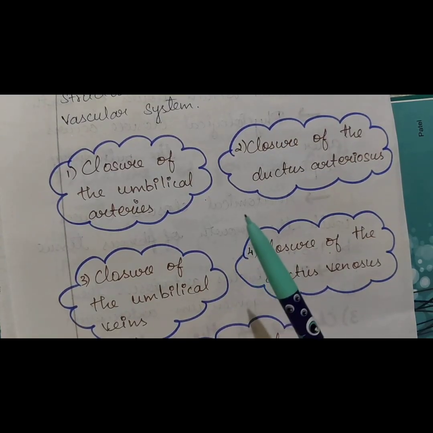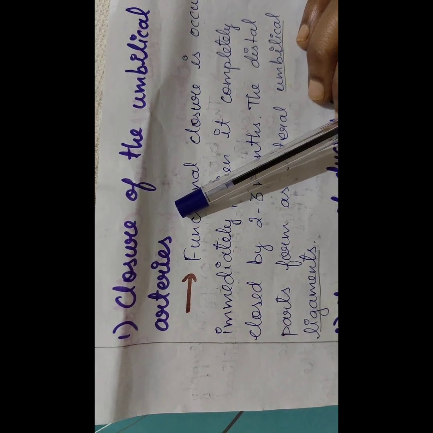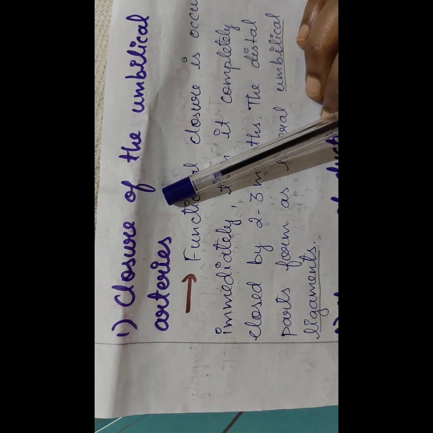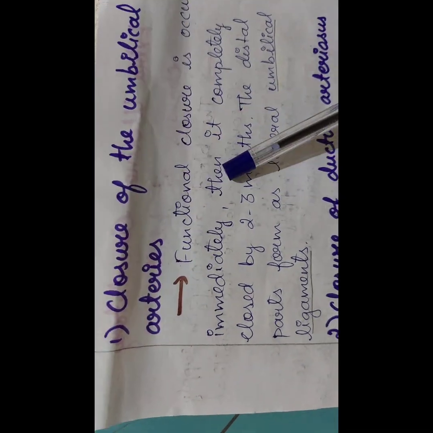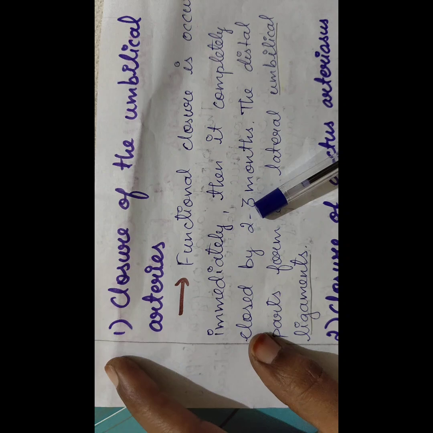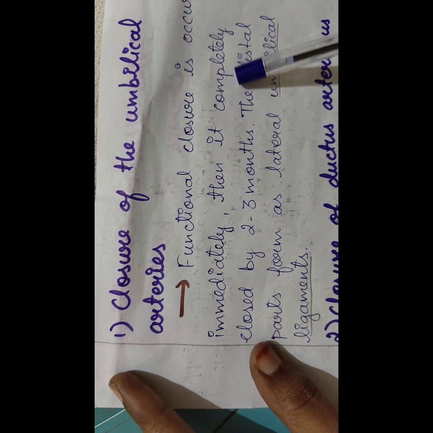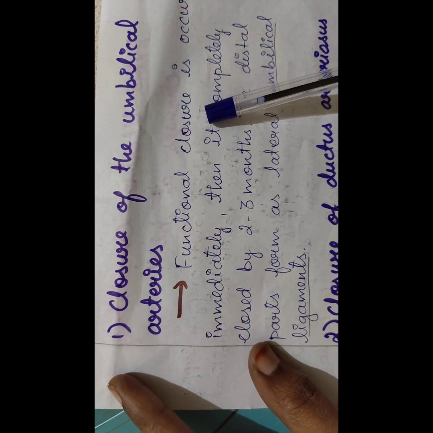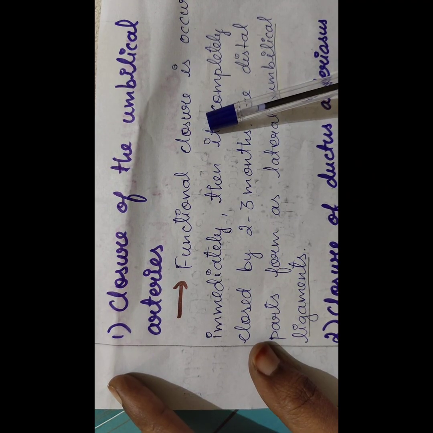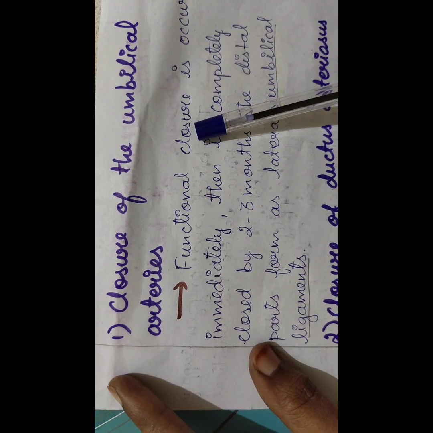In the fetal circulation, the first change is closure of the umbilical arteries. Functional closure occurs immediately after birth of the baby, and then it is completely closed by 2 to 3 months. Functional closure means that physiologically the blood circulation is stopped immediately after birth.